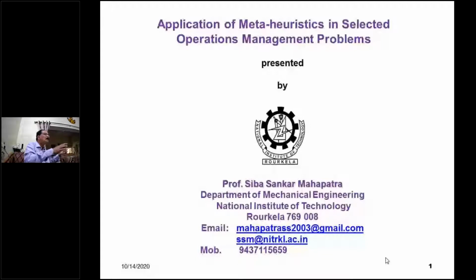What is the best combination of the location of the departments, so that efficiency can be improved? So these are the different types of problems where the combination is very important.